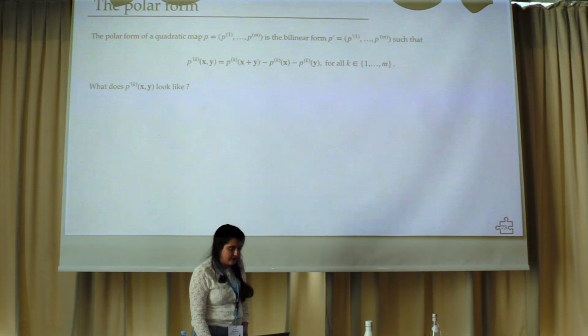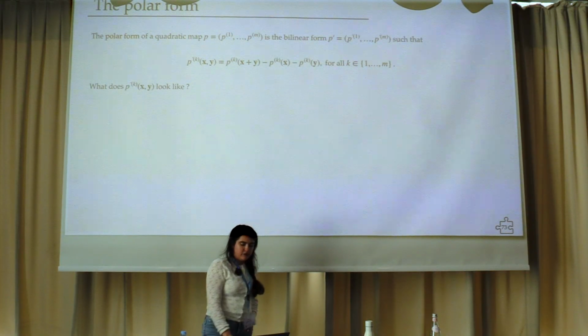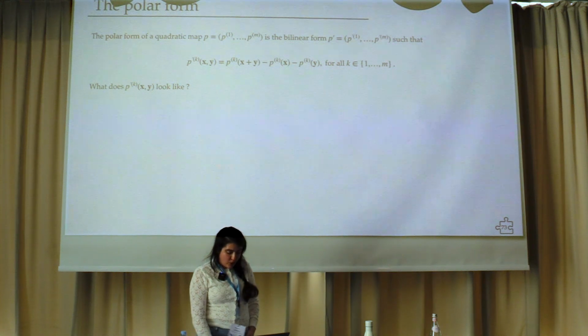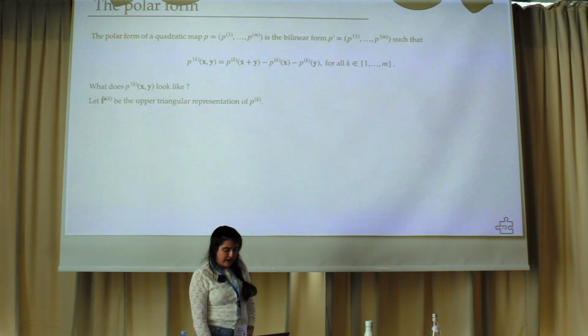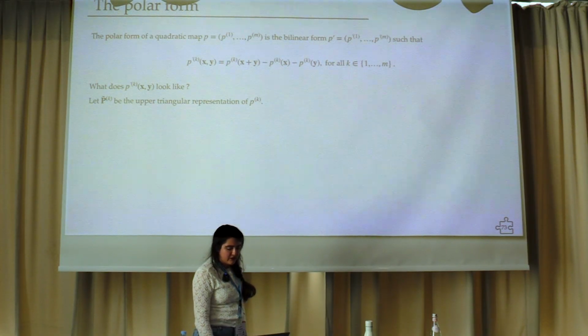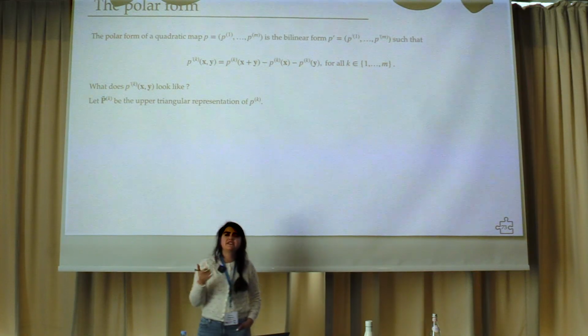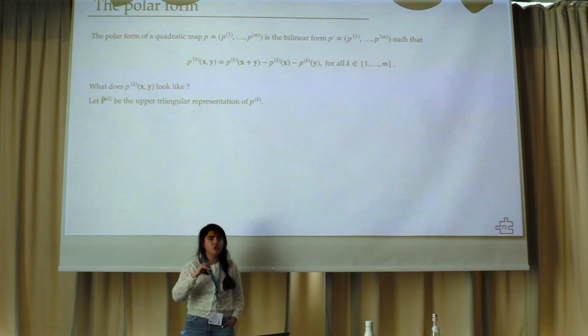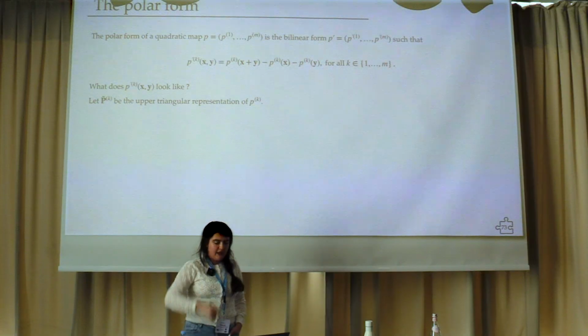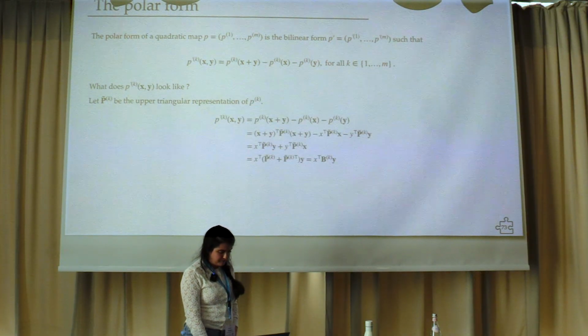What does this polynomial look like? If you try to write it out, let's say now I'm going to use what we call the upper triangular representation of polynomials. It's kind of the same as the symmetric one that I showed you, but you only have coefficients in the upper part and they are not over 2.